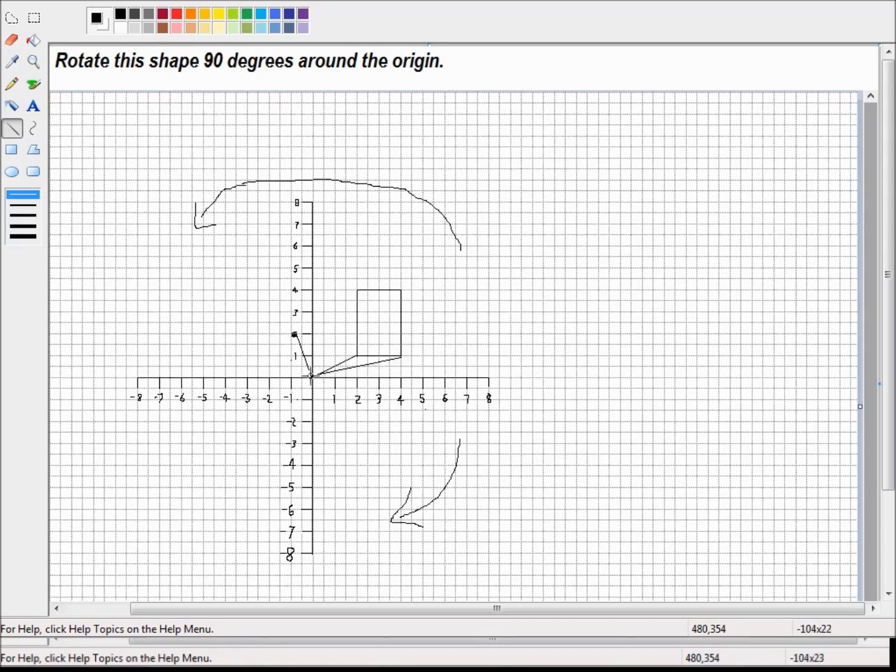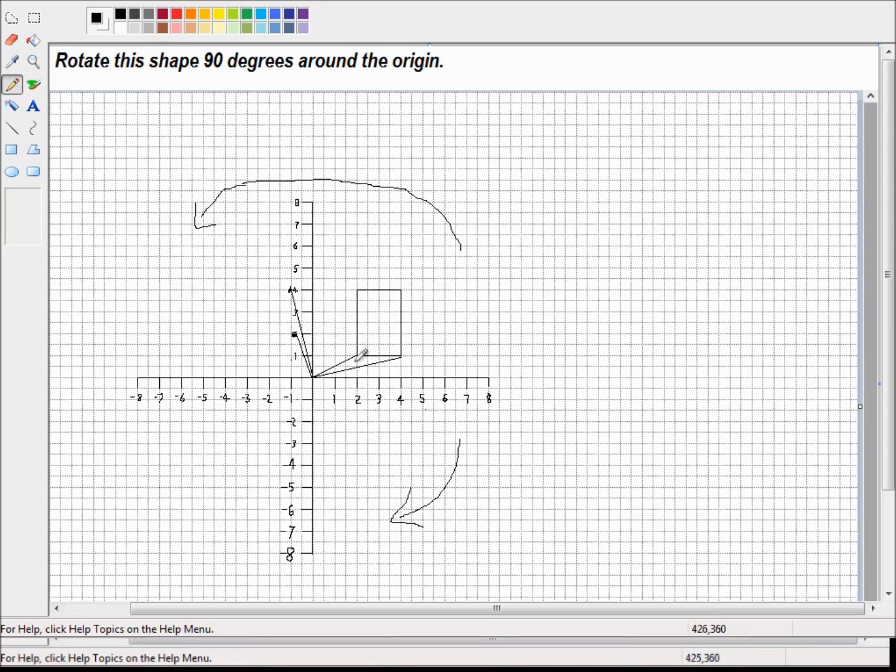So if I draw this line here, I want to draw another line that's the same length but at 90 degrees. So that'll put it around here. Again, you would use a ruler and a protractor. I'm actually using a little mental trick which I'll tell you about afterwards.